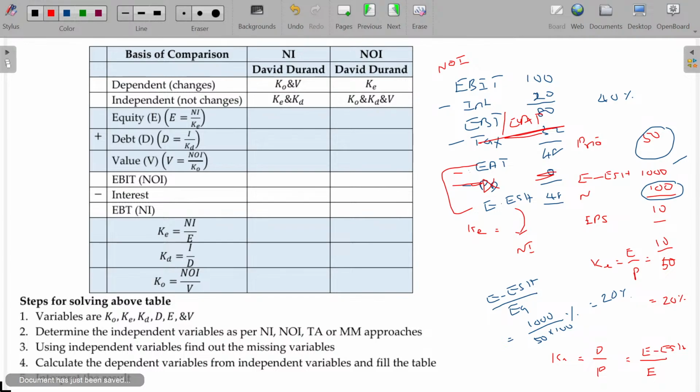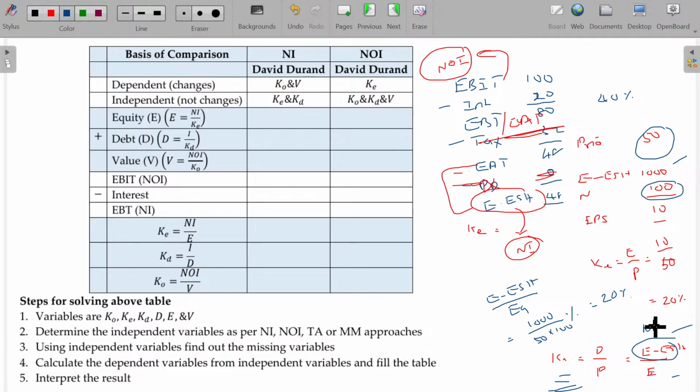The same, when it's all about the capital structure decision making chapter, EBIT is otherwise named as NOI and earnings available to the equity shareholders named as NI. You know what is the formula for KE? Earnings available to the equity shareholders divided by equity. This is named as what?